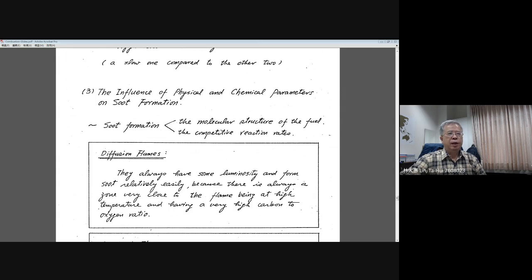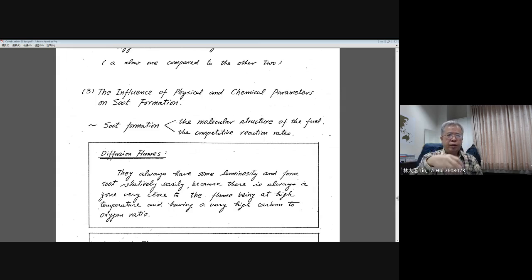Basically, they are controlled by the molecular structure of the fuel. The molecular structure of the fuel is one of the important factors. The other one is the so-called competitive reaction rate. One is the soot formation. The other one is the soot oxidation.